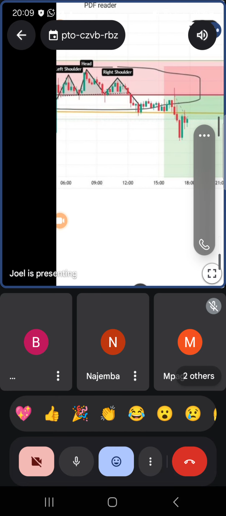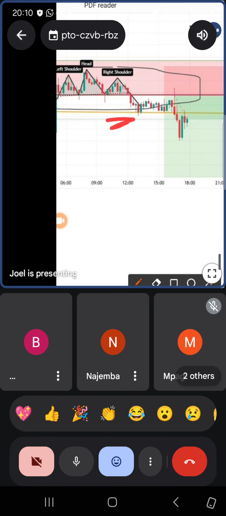See, price broke the neckline, as you can see here, and then it went back up. It touched the neckline and then it continued. So me, I just place my order on the neckline and then I go away. I put my stop loss and my take profit and I go away. No stress. If price hits my take profit, well, I'm gone.